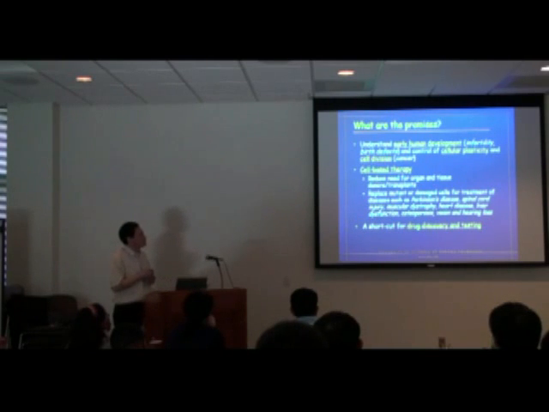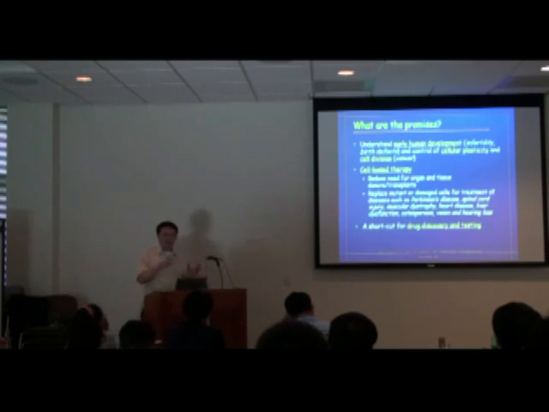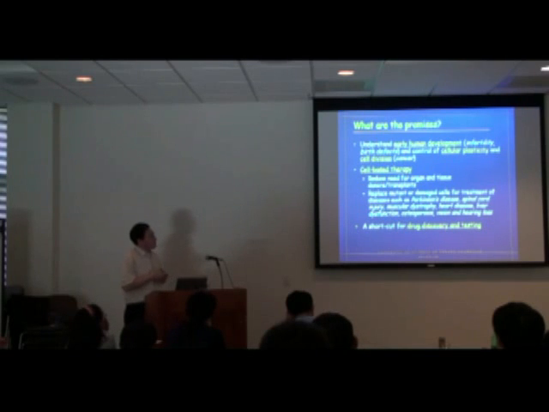For instance, you can use these cells to understand birth defects and infertility, and also the control of cellular plasticity. Like I said, these cells can adopt different cell fates during the process. They can grow, they can differentiate, and meanwhile they have to maintain undifferentiation while they're growing. So they also become a very good model for understanding cell division.